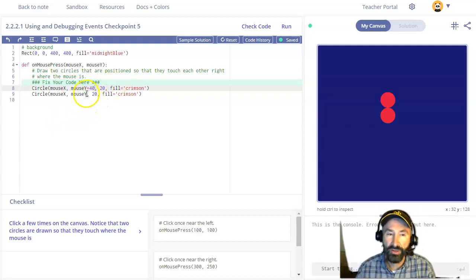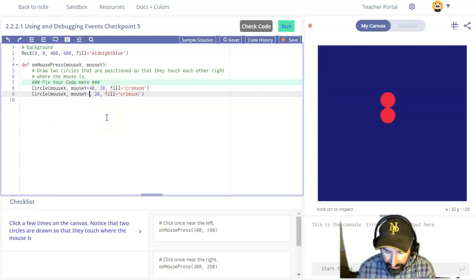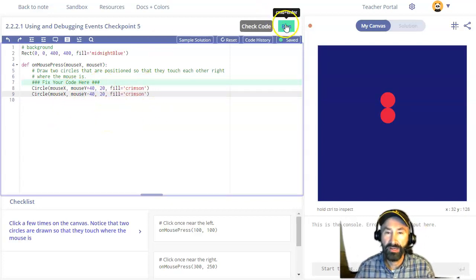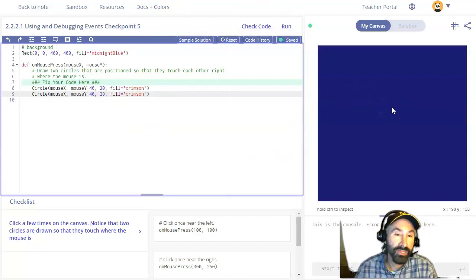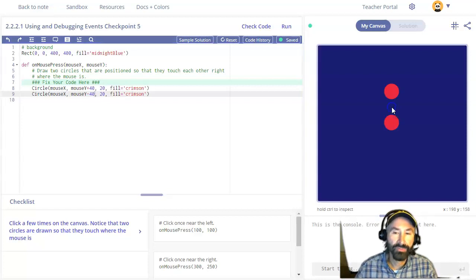So what if I try the other circle and I go minus 40, and I hit run, and then I'd like you to think for a minute what's about to happen. If you can pause the video, that'd be great. All right, I'm going to go ahead and click. I hope you paused the video. Here I go.